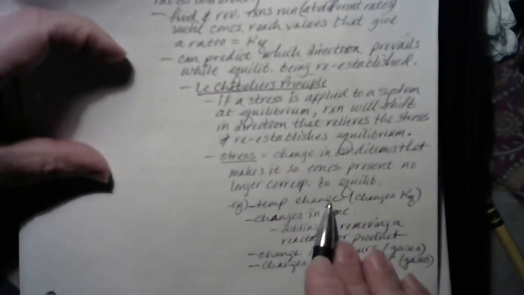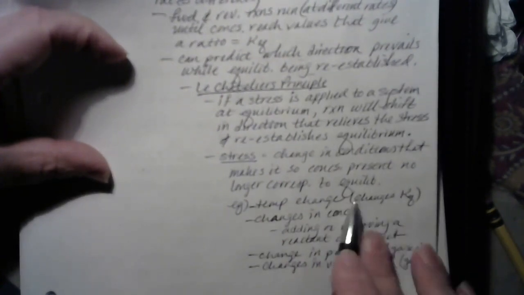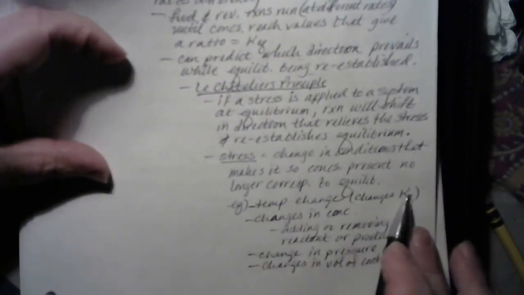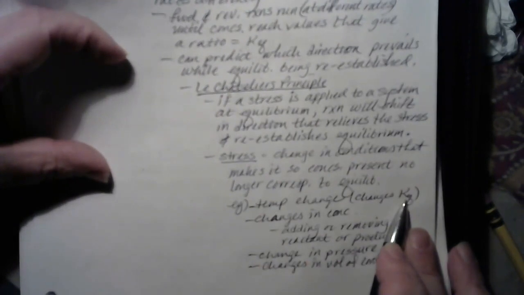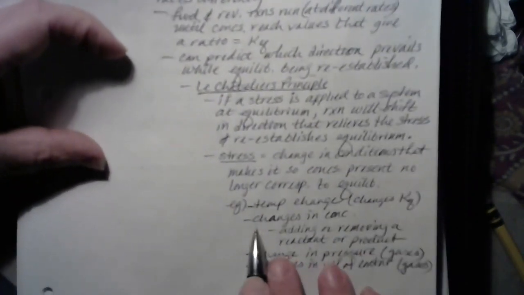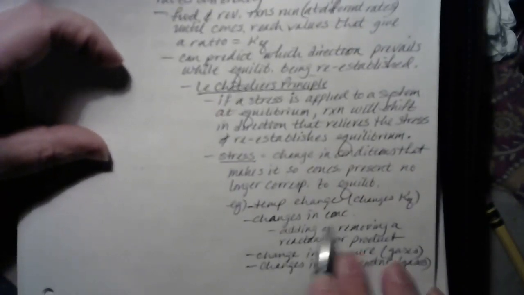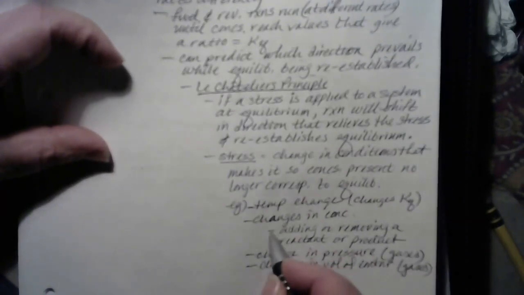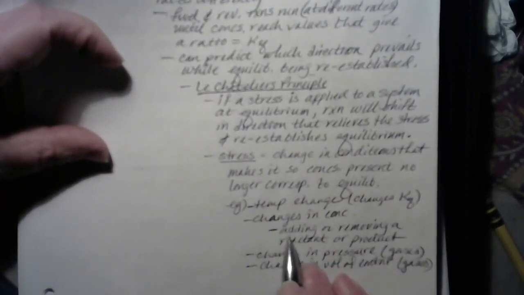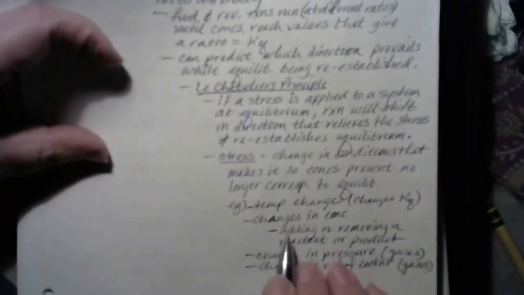Some of these changes could include temperature changes. Temperature change actually changes the equilibrium constant, so that's definitely going to have an effect on the equilibrium. Changes in concentration, although they do not change the equilibrium constant value, will force the reaction to run forward or backward for a while to reestablish equilibrium.